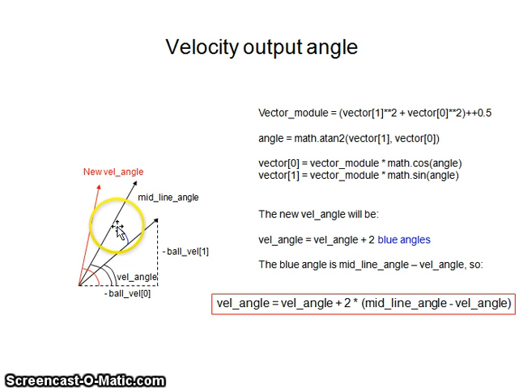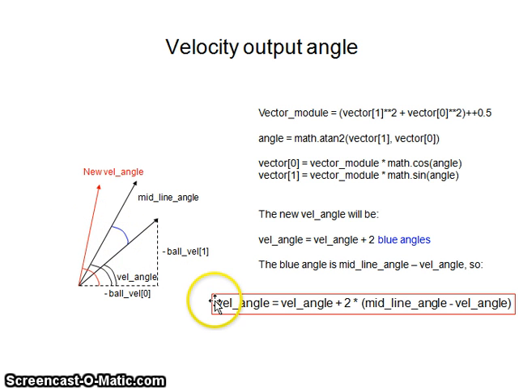So if we say that the blue angle is the difference between the midline angle and this other angle, we can say the new velocity angle is the velocity angle from before plus 2 times this blue angle.